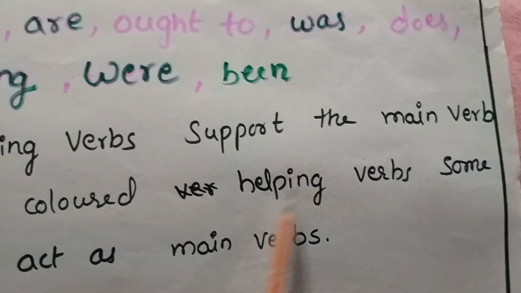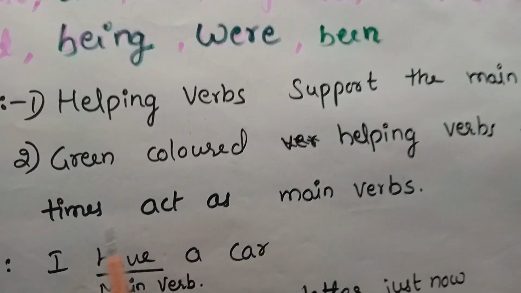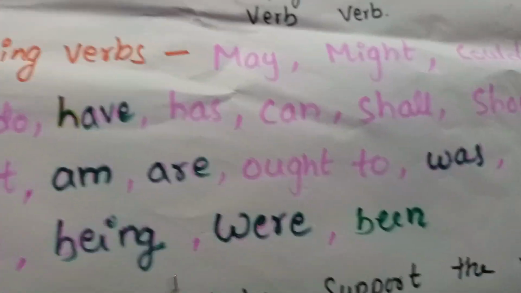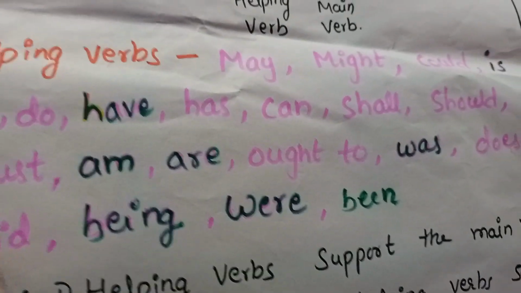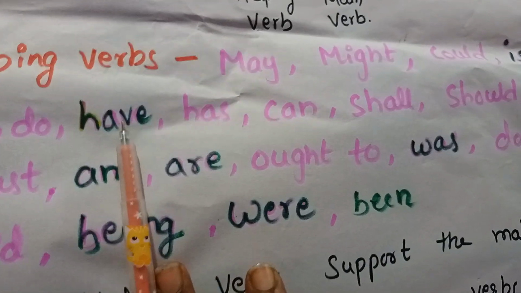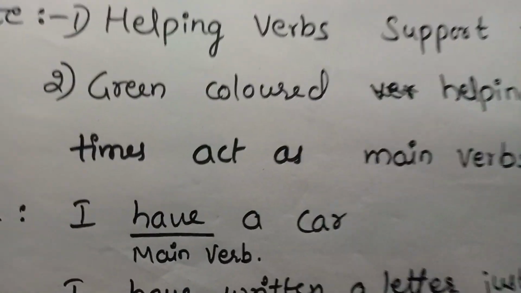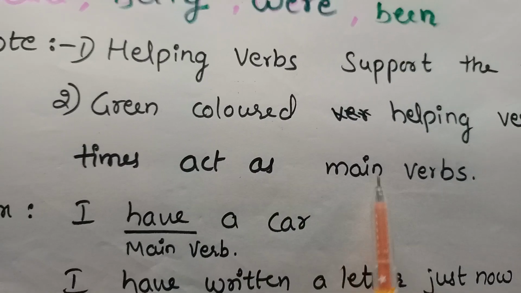Green colored helping verbs sometimes act as main verbs. So here see green colored helping verbs: be, have, am, are, was, being, were, been. So these all sometimes act as main verbs.